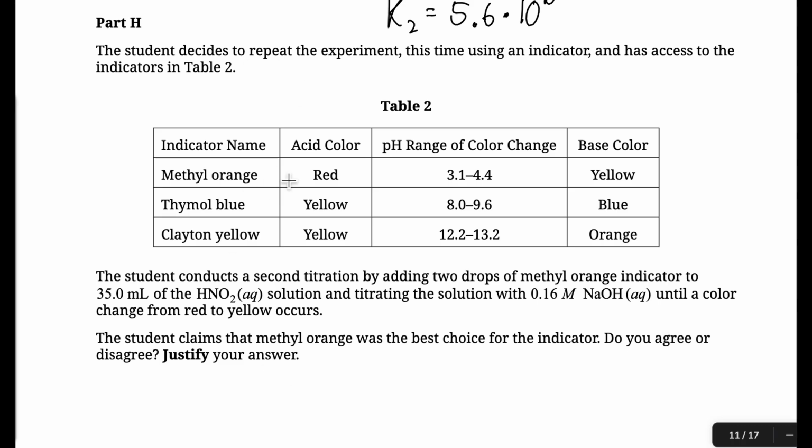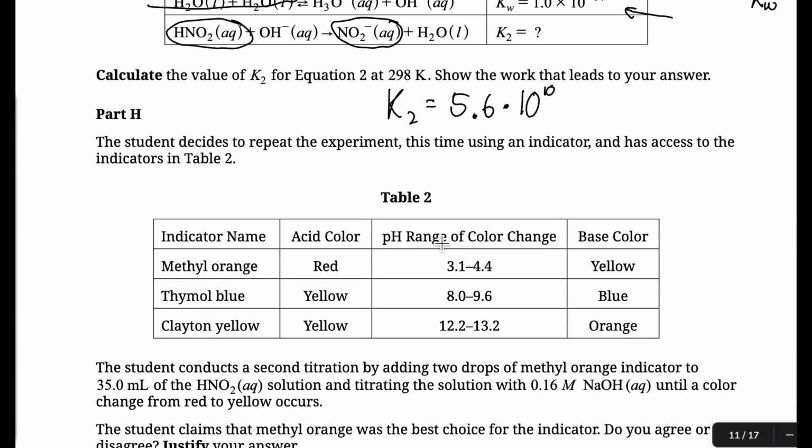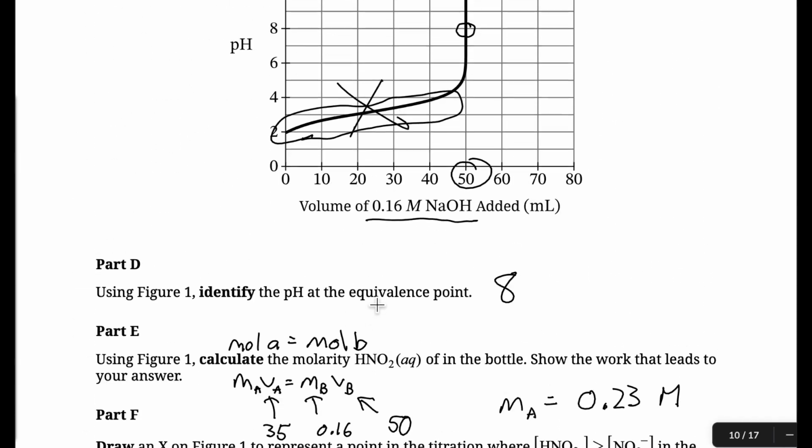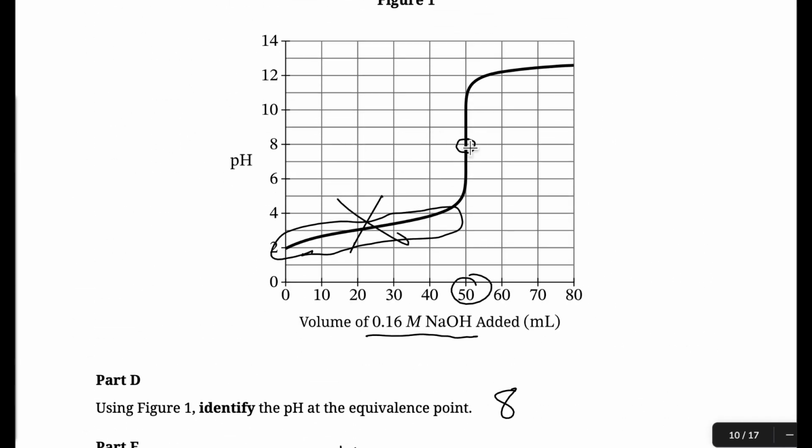Part H, you can read through the directions. It simply asks, the student claims that methyl orange was the best choice for the indicator. Do you agree or disagree? So here what we want is a pH range that is at or slightly above our equivalence point. So here notice how our equivalence point happens at pH 8.